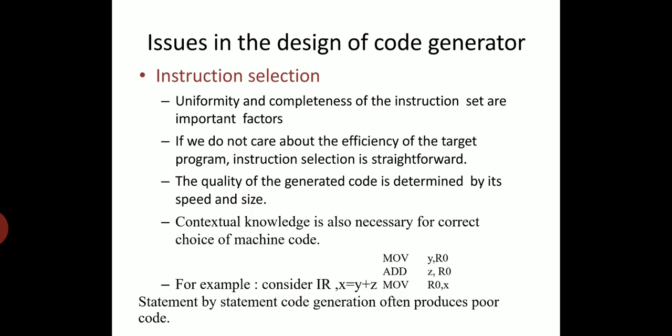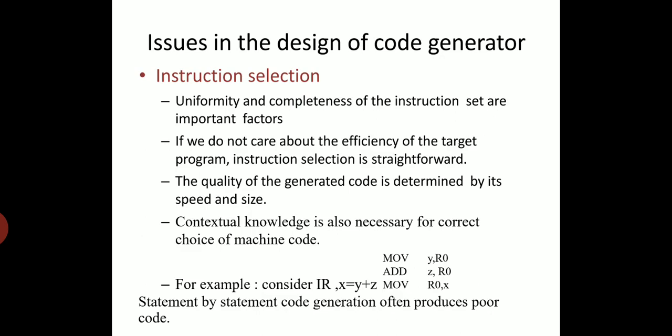Add is another instruction which will perform the addition of y and z, where the result of the operation is stored in R0. z is in the memory location of z, or it may be in a register. R0 contains the value of y, so both of them will be added together and the result will be stored in R0, and this R0 will be moved to x.